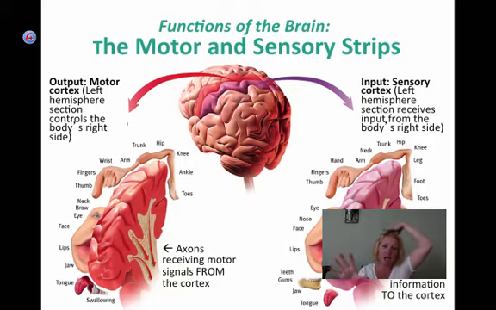It sends the message from the motor cortex to my arm that says, okay, move. Now, when I touch my head and I'm feeling this, the sensory message is going from my hand up my arm to my head to say, oh, that's right, she's patting her head, and I can feel that both on my head and on my hand. And so the sensory information comes up where the motor information goes down.